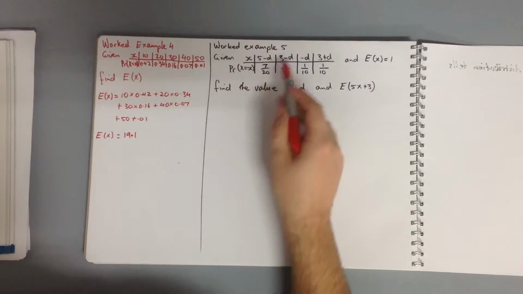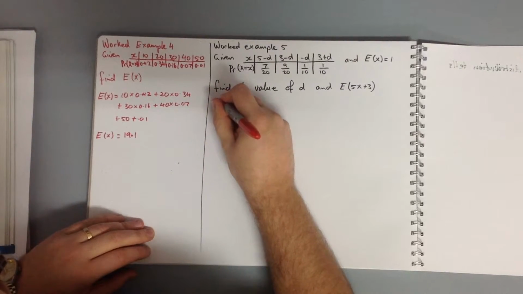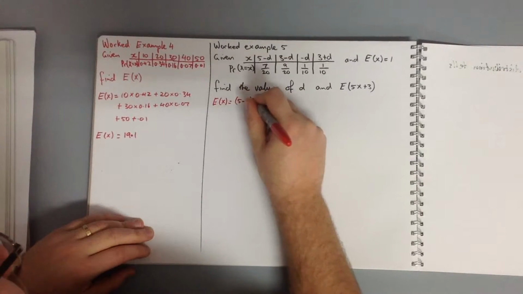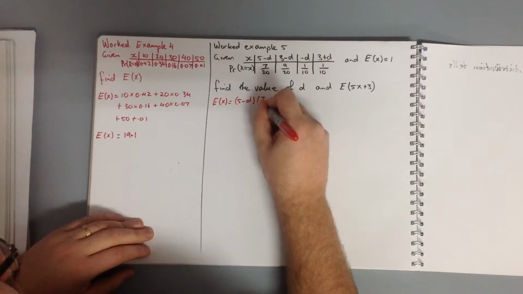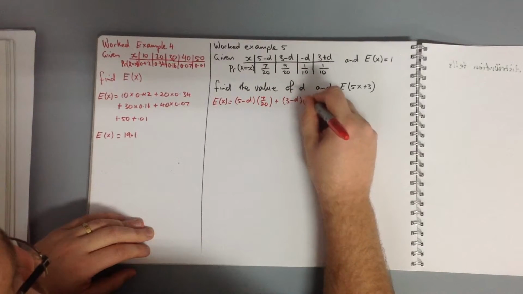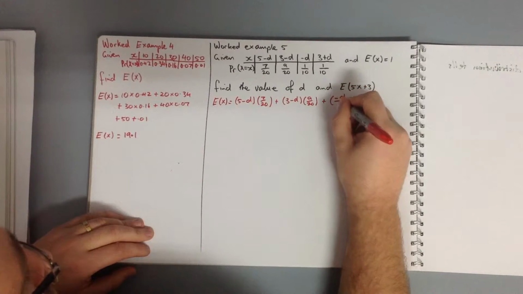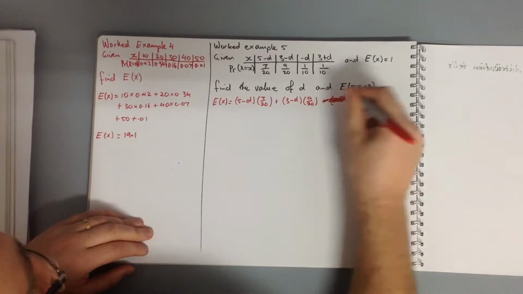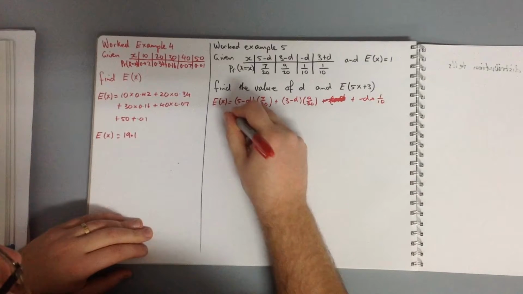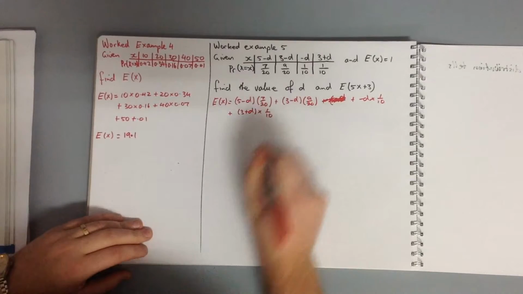So what we need to do is run through our expected value. E of x equals 5 minus d times 7 on 20, plus 3 minus d times 9 on 20, plus minus d times 1 on 10, plus 3 plus d times 1 on 10.